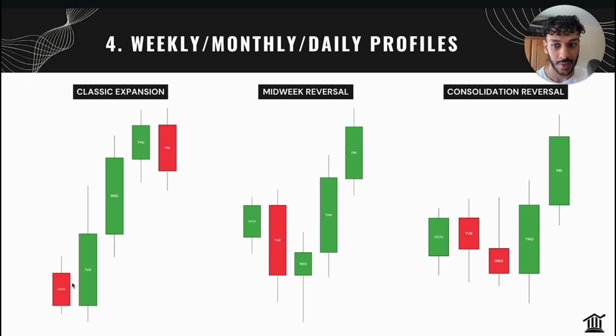Let's say we understand price is bullish and we're looking for this current week that we're trading to expand higher. Okay, Monday opens up, Tuesday sweeps the low into a higher time frame PDRA. That means with strong conviction we know that Wednesday is very, very likely to expand higher.